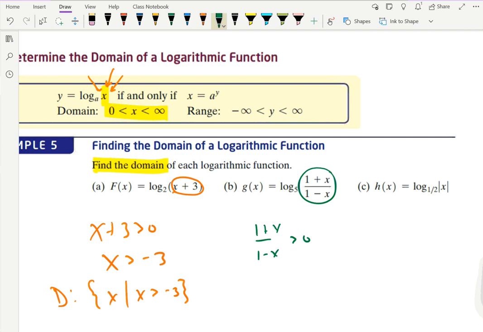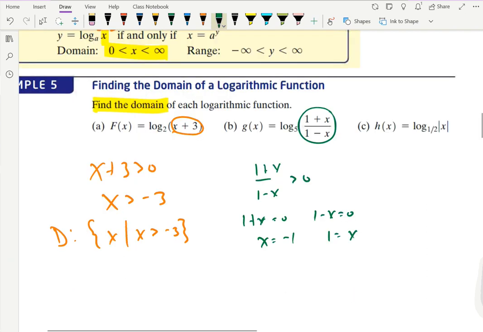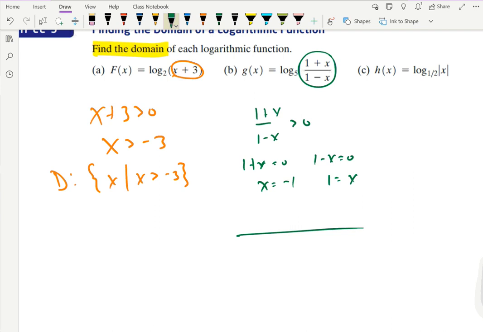If we go back to our rational functions, we need to take a look at the key pieces here. So when does our numerator go to 0, and when does our denominator go to 0? Our numerator goes to 0 at -1, and our denominator goes to 0 at 1. So we've got -1 and 1.